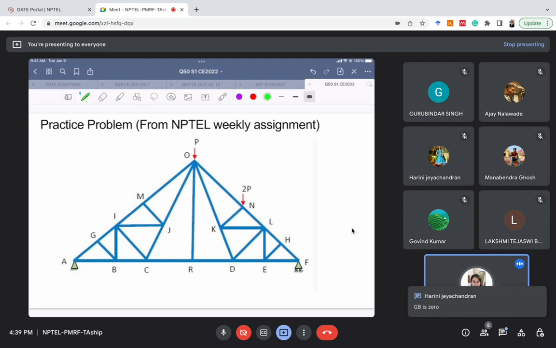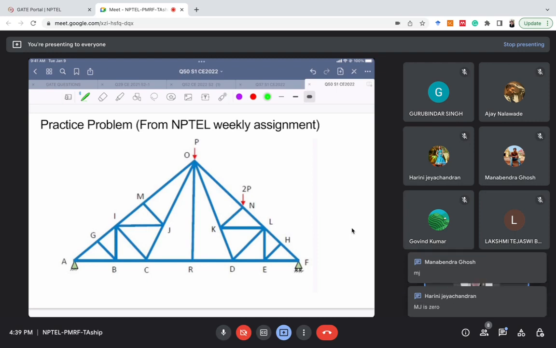GB is a zero force member. That is right, correct, very nice. Any other? So this type of question you can also get in GATE, that identify the zero force members. HE, yes, very good. HE is also a zero force member. MJ is also a zero force member.